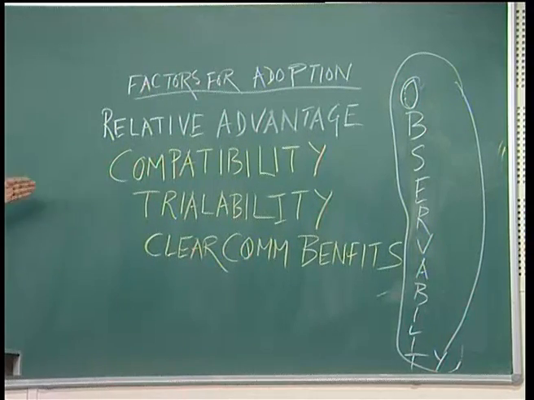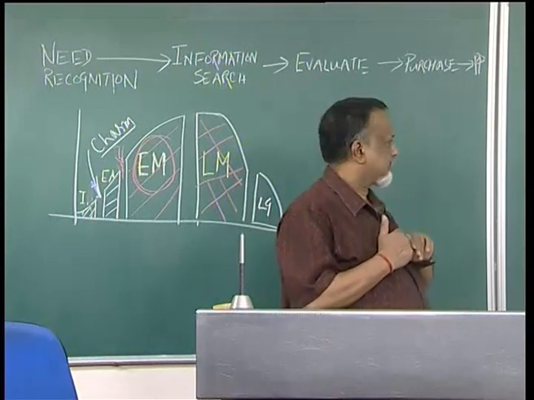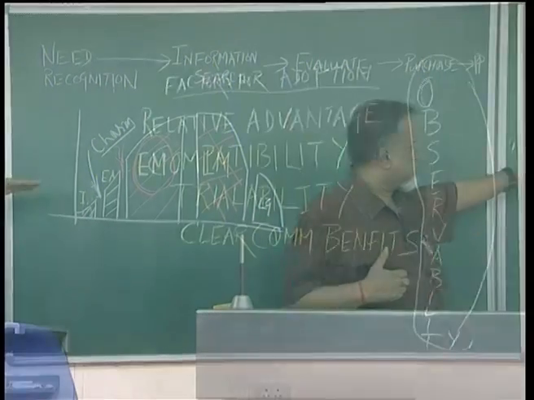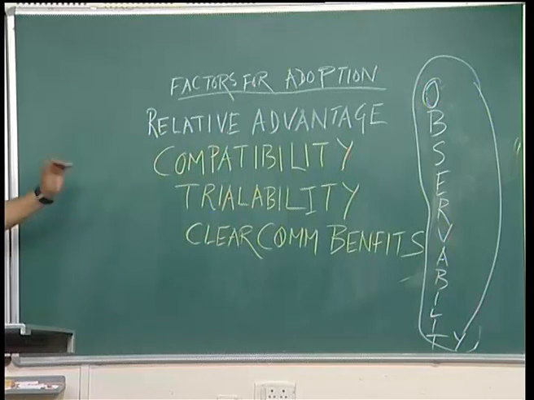Now, these last two, as you see vertically, I have written their observability, because all of these must be continuously observable, testable by the consumer. Just giving media information will not be enough until and unless there is a possibility to try it out and clear communication on the benefits.